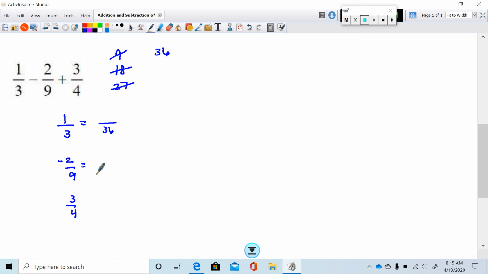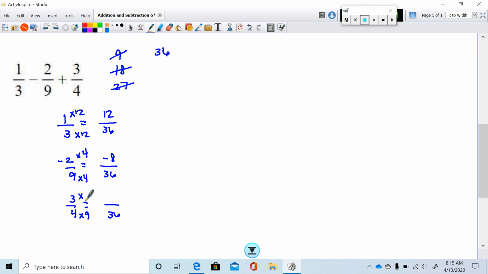So you keep your 36 as your common denominator. Okay, so 36 divided by 3 is 12. So multiply the top by 12. 1 times 12 is 12. 36 divided by 9 is 4. So multiply by 4, sorry. Negative 2 times 4 is negative 8. Just keep the negative sign. 36 divided by 4 is 9.